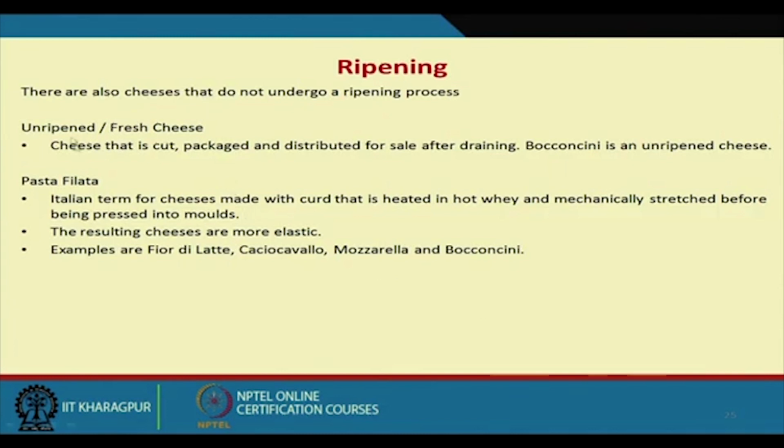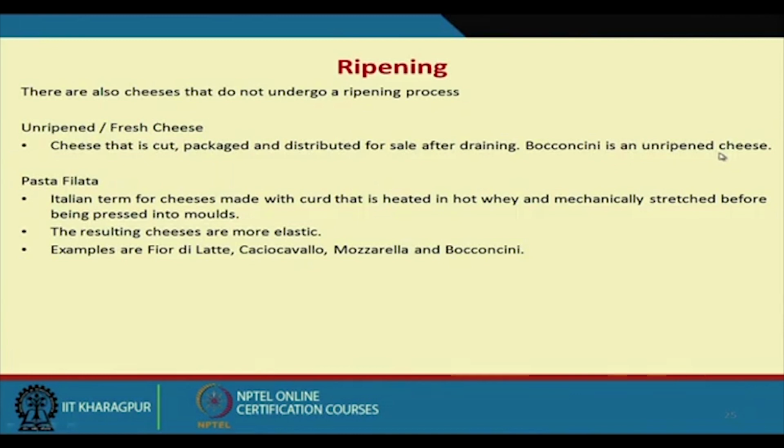Then there are also cheeses which do not undergo the ripening process, what you call unripened or fresh cheese. Fresh cheese is curdled and packaged and distributed for sale after the draining. Bocconcini is an unripe cheese.